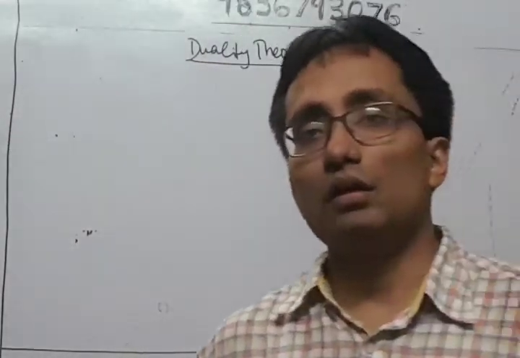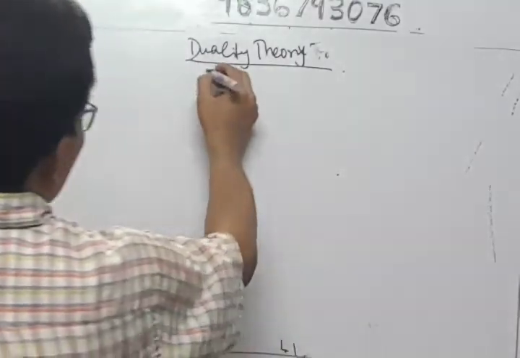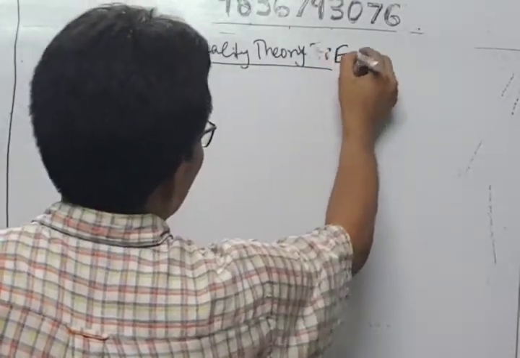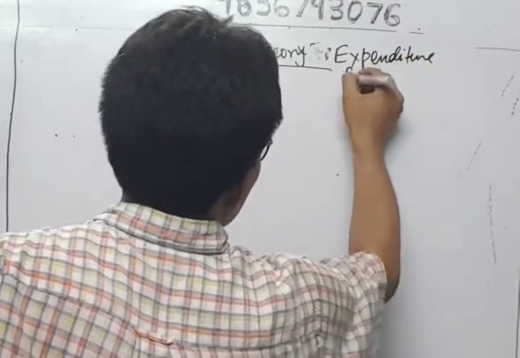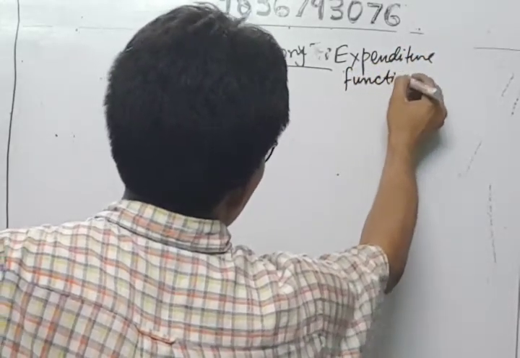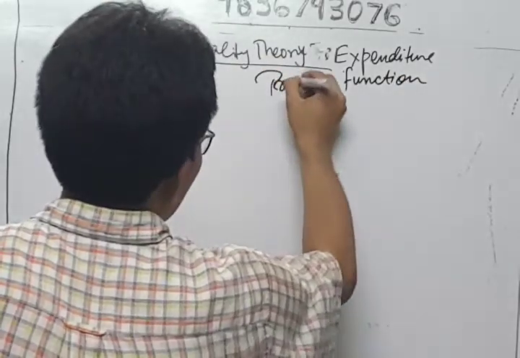So today I will be talking on the expenditure function as part of the duality theorem. Okay. So expenditure function. I will be talking about the properties of this expenditure function.